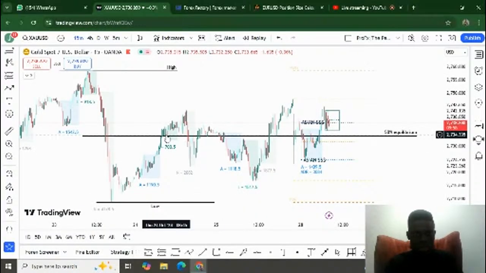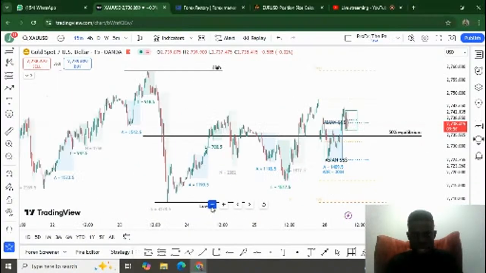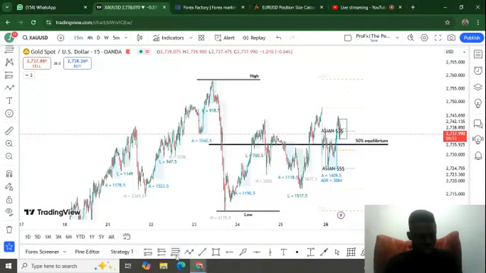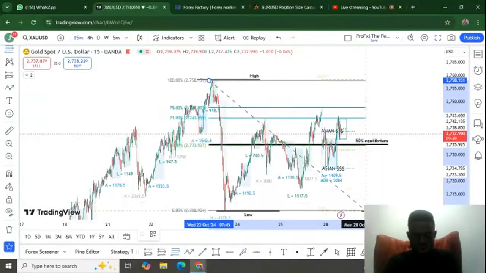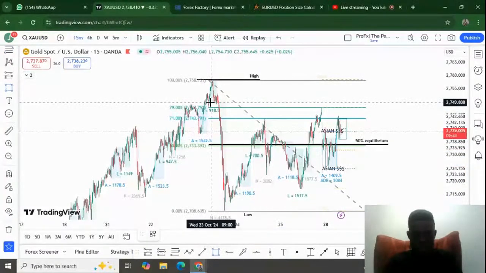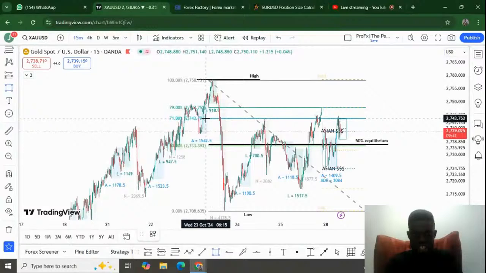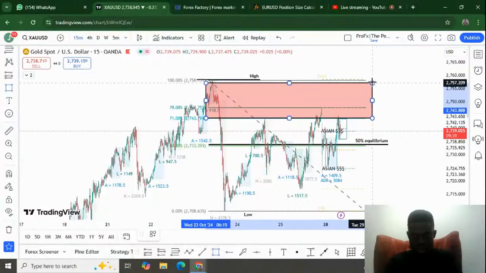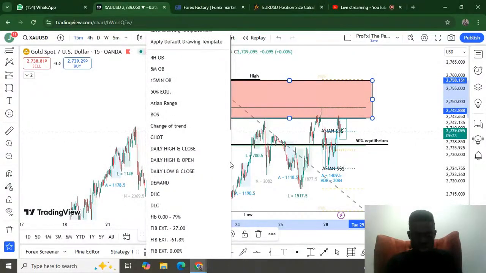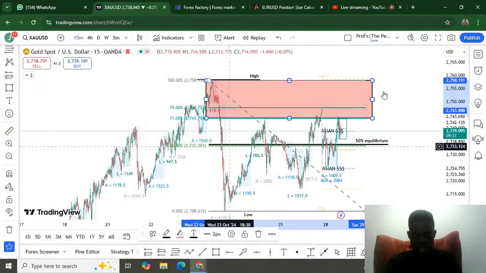So on my chart, let's draw the fib again from the high to the low. Let's mark everything first. All the supply zones from 71% to 100%.